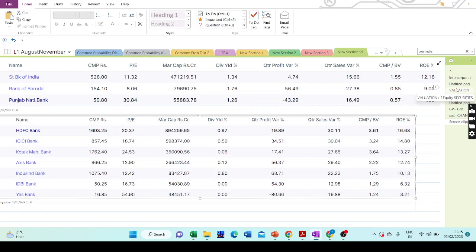Yesterday we were discussing an undervalued stock, Coal India, right? We saw that the stock had no debt in its books, and it was showing 70% growth in profits. What was the ROE of Coal India? We were discussing yesterday, ROE was around 43%.